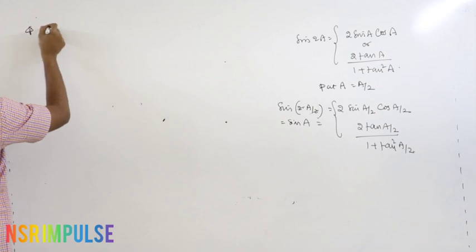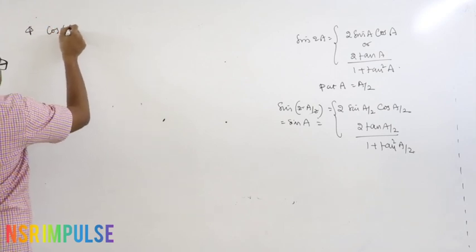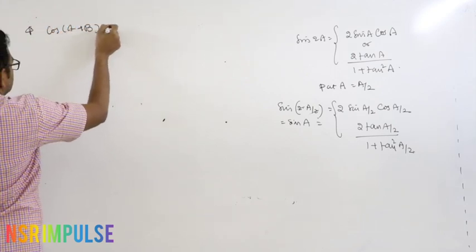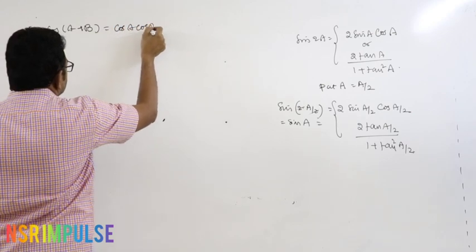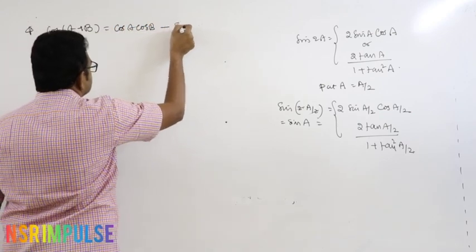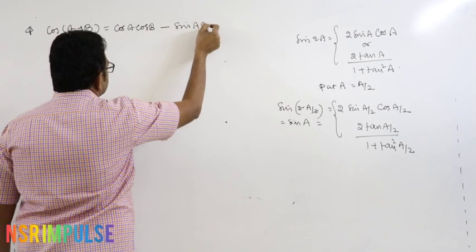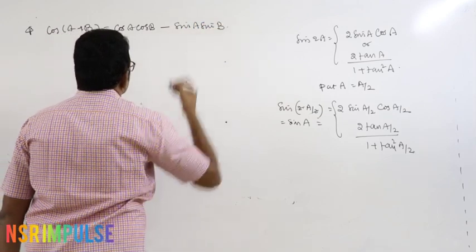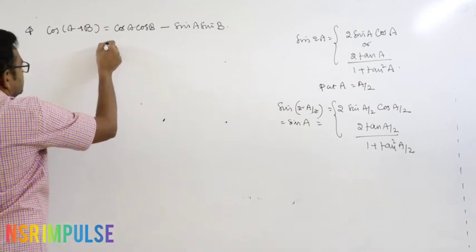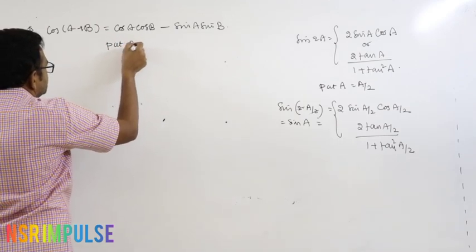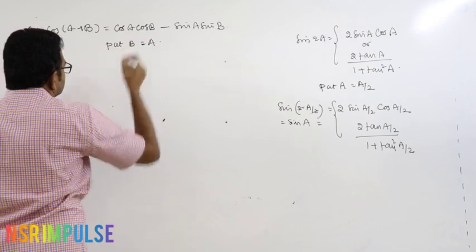And again, cos of a plus b is equal to cos a cos b minus sin a sin b. Now there also put b is equal to a.